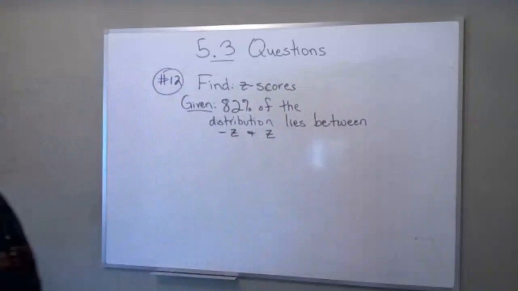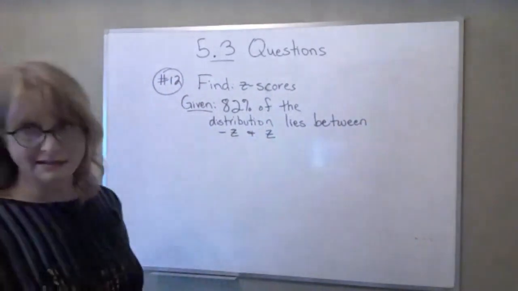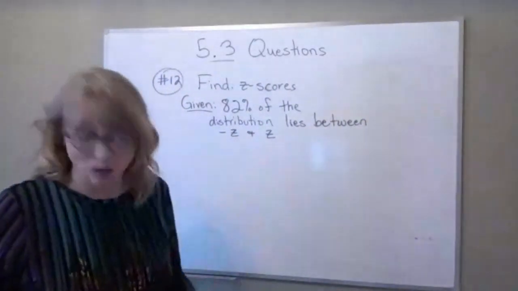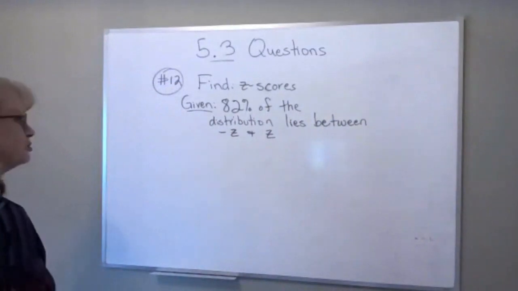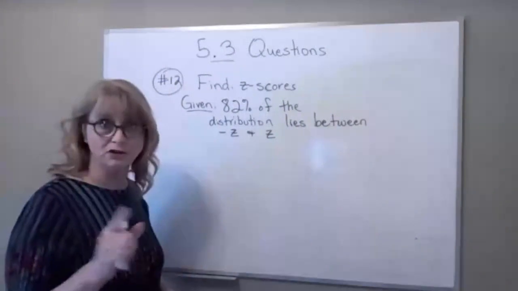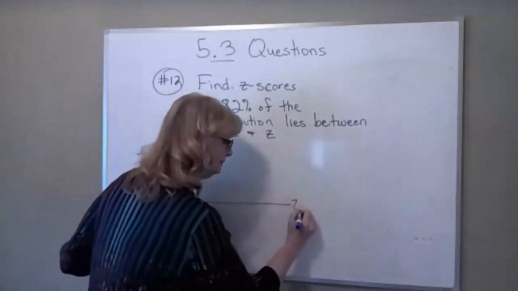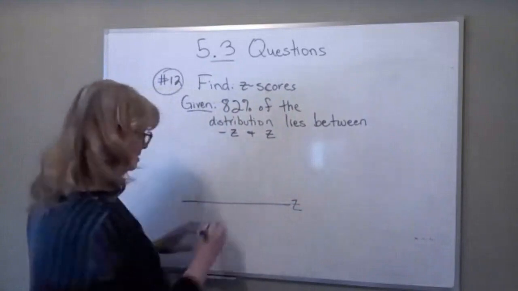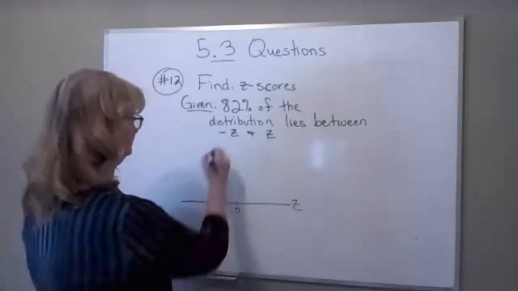This is very similar to what we just did. We are assuming that we're talking about the normal distribution, so they don't actually come out and say that, but if it's not, you can't do the problem. So I'm going to draw a picture. Always draw a picture. I want you to draw the bottom and label it Z, to help you remember that only z's go here and that 0 is in the middle.